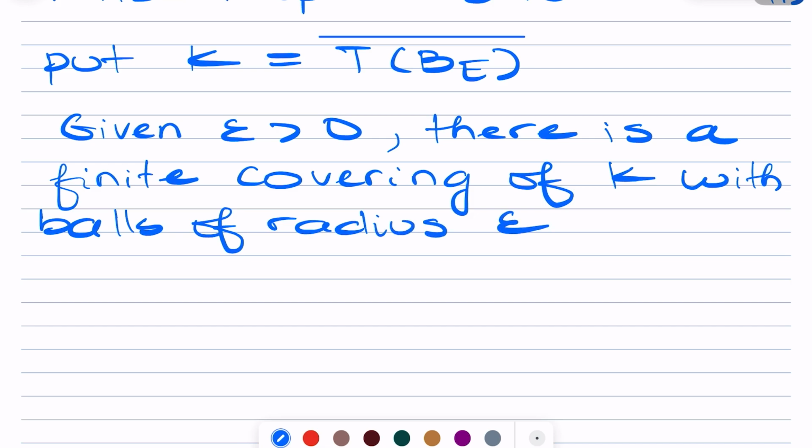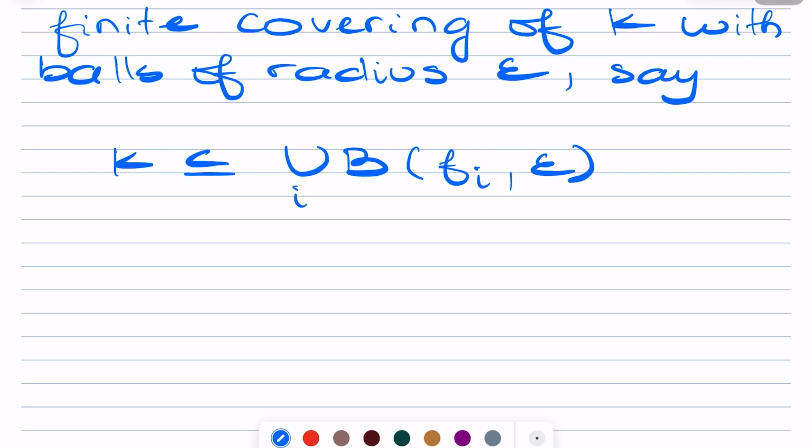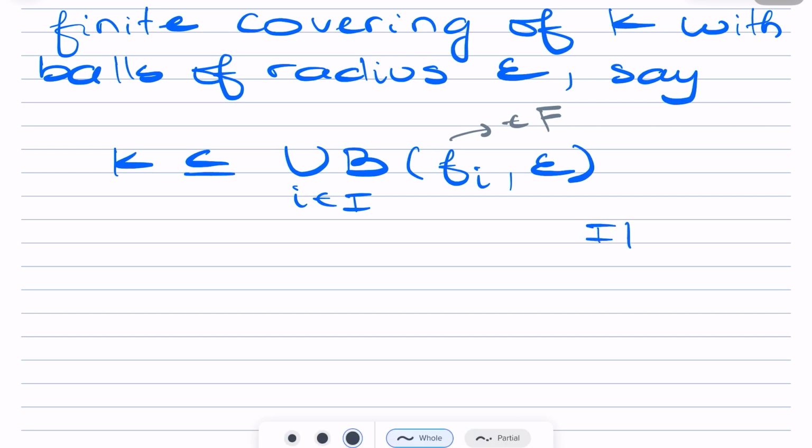So K is contained in the union of the balls centered at Fi with radius epsilon, for i in capital I. Of course those Fi's are elements of F, and the cardinality of I is finite.